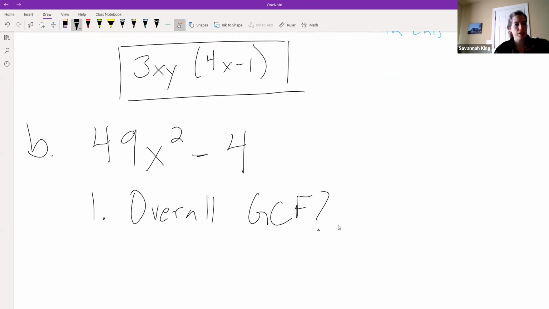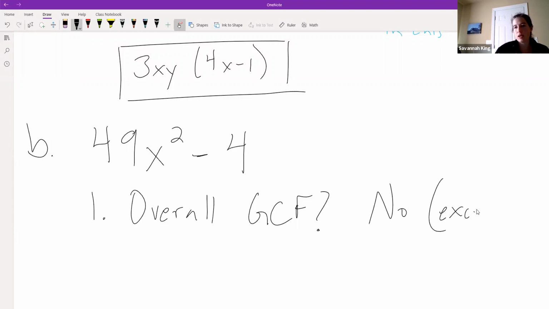Is there an overall GCF? And if so, what is it? Is it an exponent? Well, in this case, tricky problem, there actually is not an overall GCF.